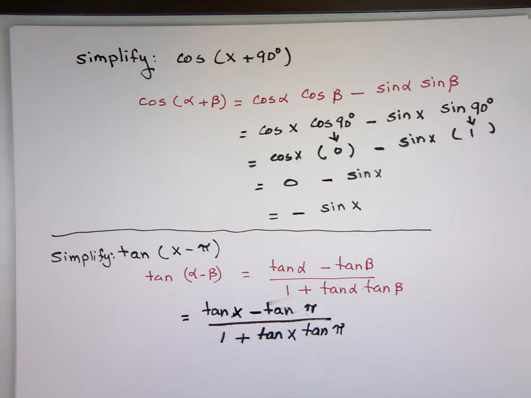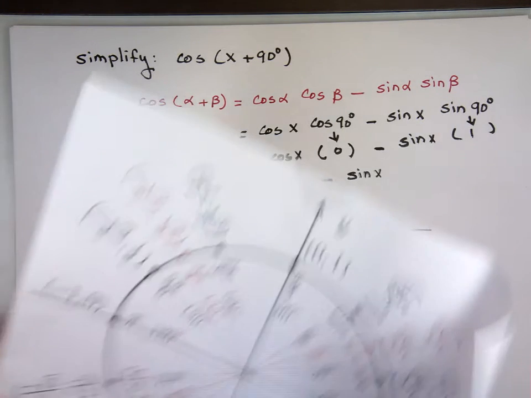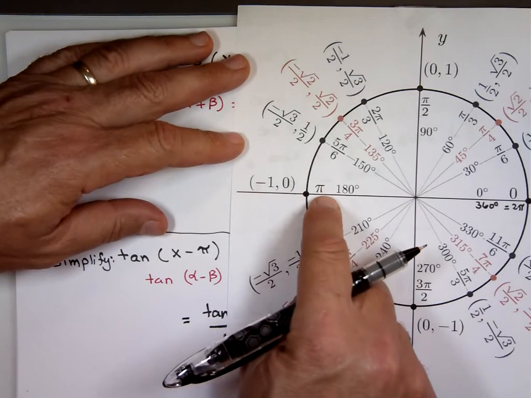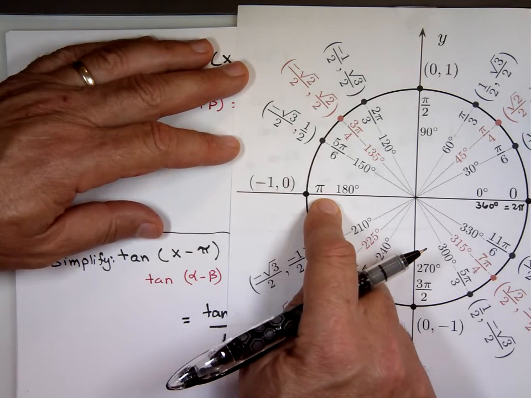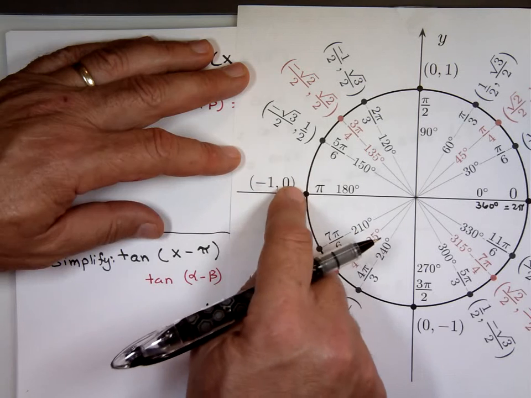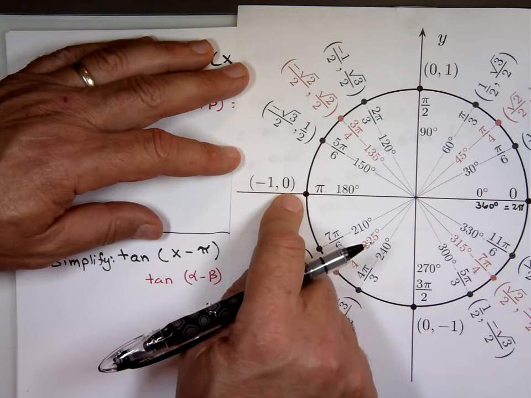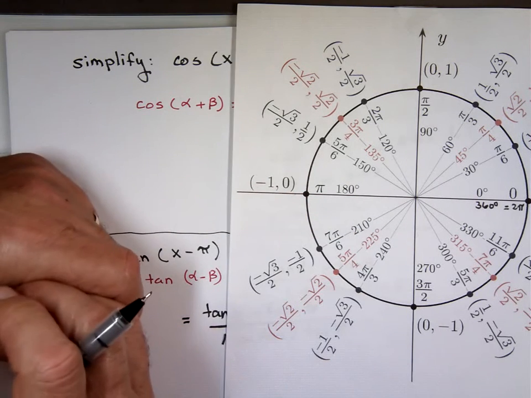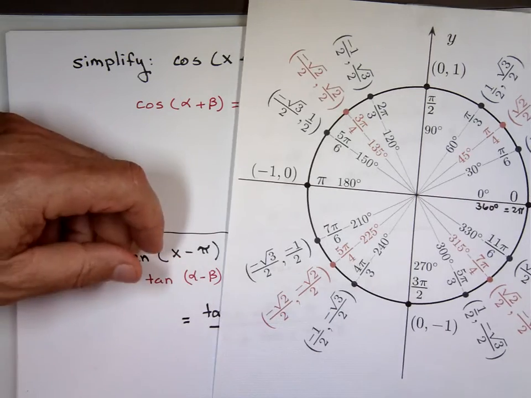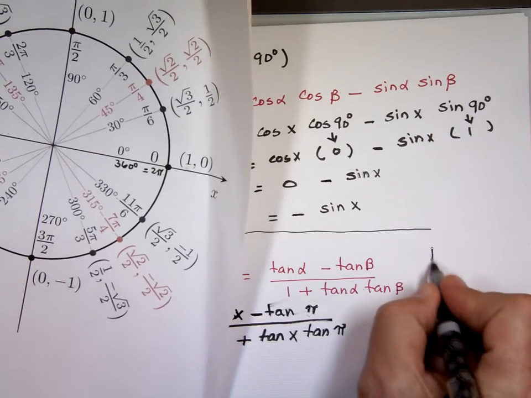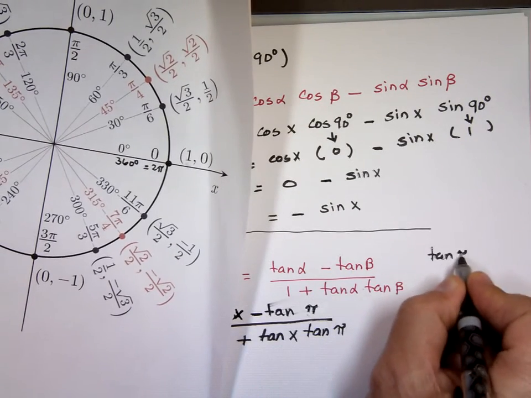Well, the unit circle doesn't give me tangent. There's the pi. That's the cosine, that's the sine. But it doesn't give me what tangent. So what is tangent pi? Yes.